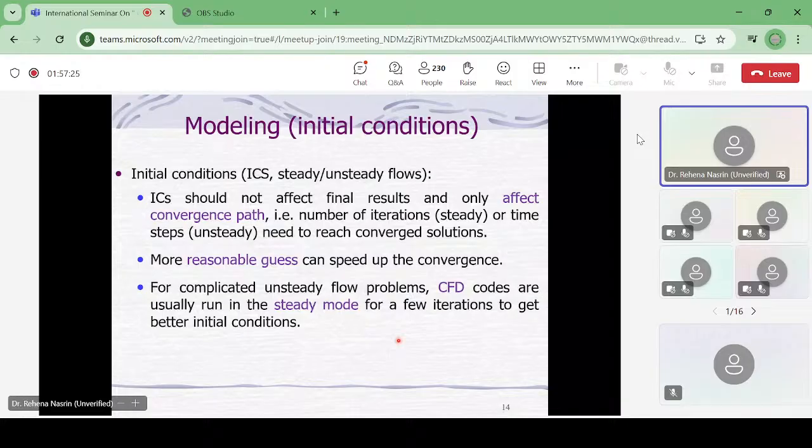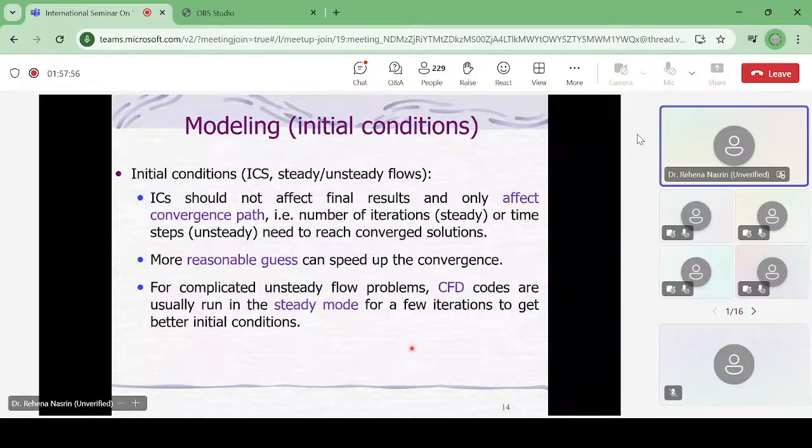For the initial condition, simulations are usually run in the steady mode. That means there is no time dependent matter, but in nature you can see all the phenomena are time dependent. So time-dependent analysis is known as unsteady flow problem, and steady mode is easier than unsteady problem.